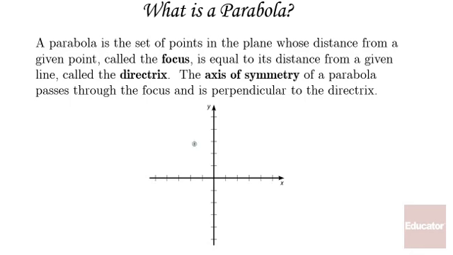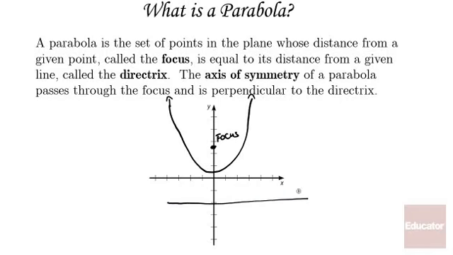So if you had a parabola, let's say right here, and we'll do an upward facing parabola, you'd have some point, which is known as the focus, and a line. We're going to put that right about here, called the directrix.